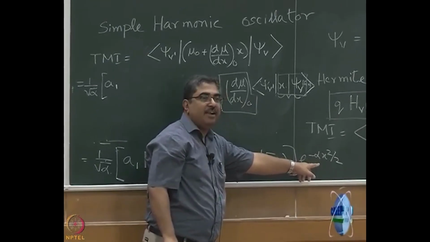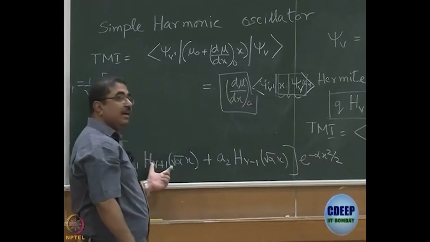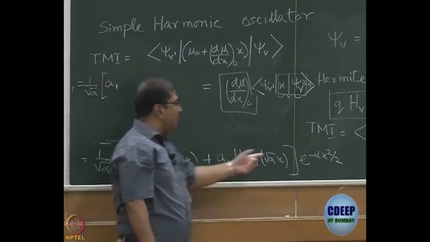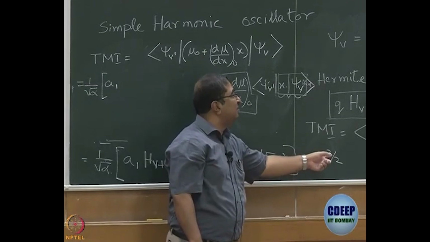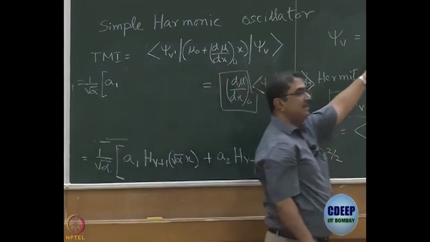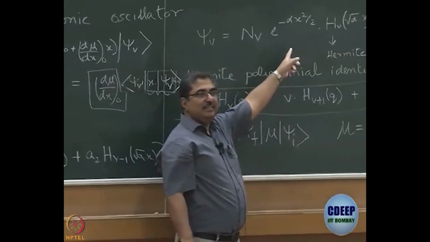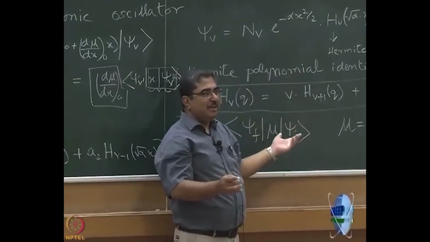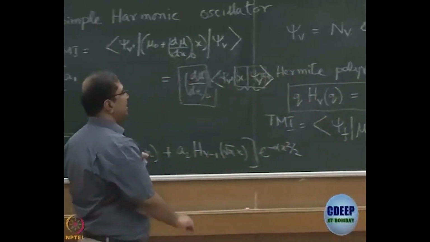What is that? H v plus 1 multiplied by e to the power minus alpha x square by 2, what is that? This is psi v, well psi v divided by N v, that is all, okay. I am not writing the normalization constants.